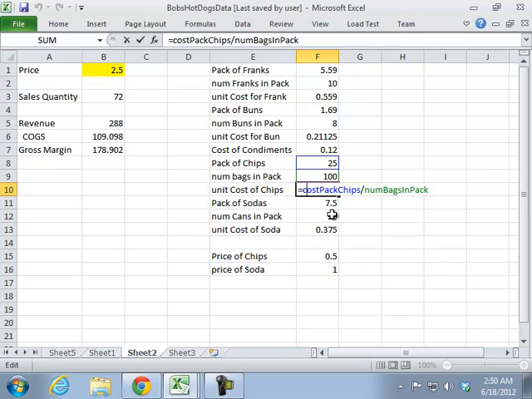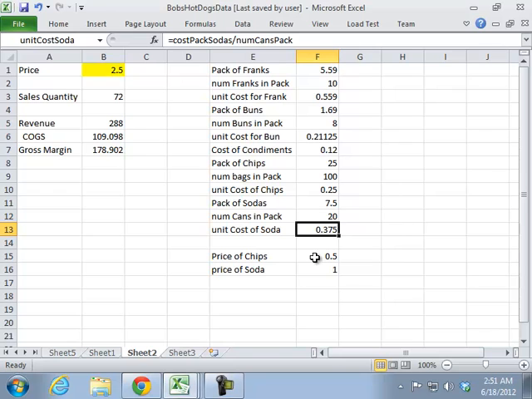A cost of a pack of chips. A unit cost of chips is equal to the cost of a pack of chips divided by the number of bags in the pack. And the same thing for sodas. The cost of the pack divided by the number of cans in the pack gives us the unit cost of one can. And finally, we see that he charges 50 cents for the bag of chips and $1 for the soda.